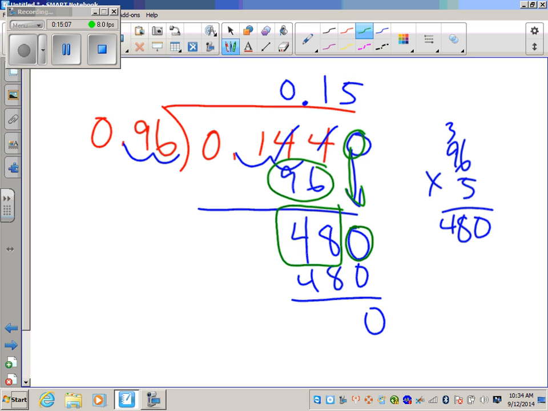Let's take a look at our sheet for 1-9. And we're going to have to kind of take this in parts because we didn't get to terminating or repeating.